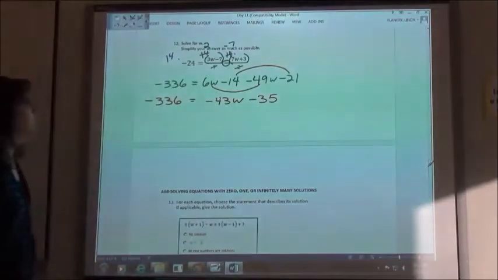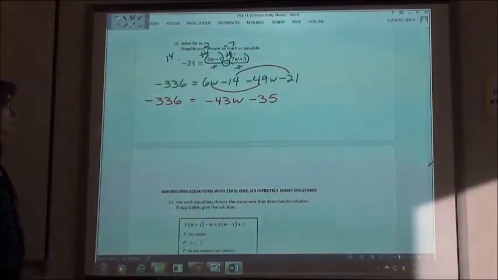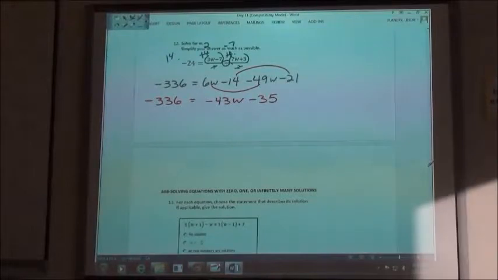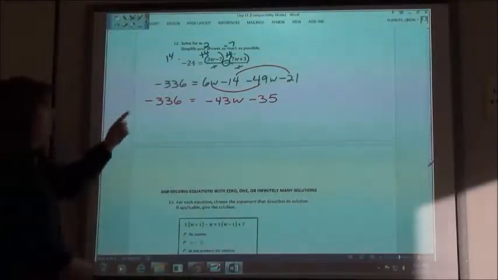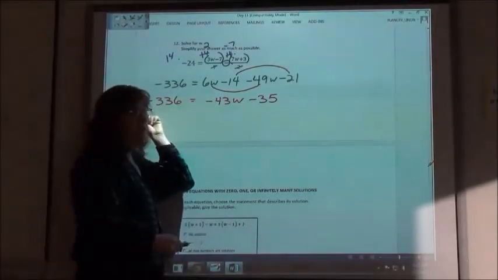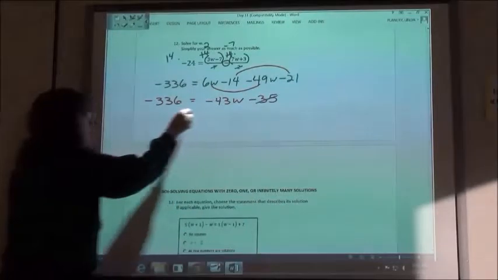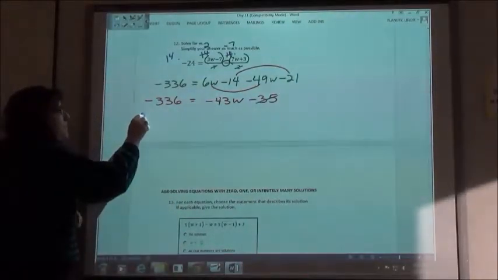And we don't have a W. Sure we do, right here, negative 43w. We don't have any w's on the other side, so what does that mean if I want to solve it for w? What should I move? Well, you gotta take the negative 35 minus 336, right? And so when I move this over, it's going to become minus 336, it's gonna be 331.